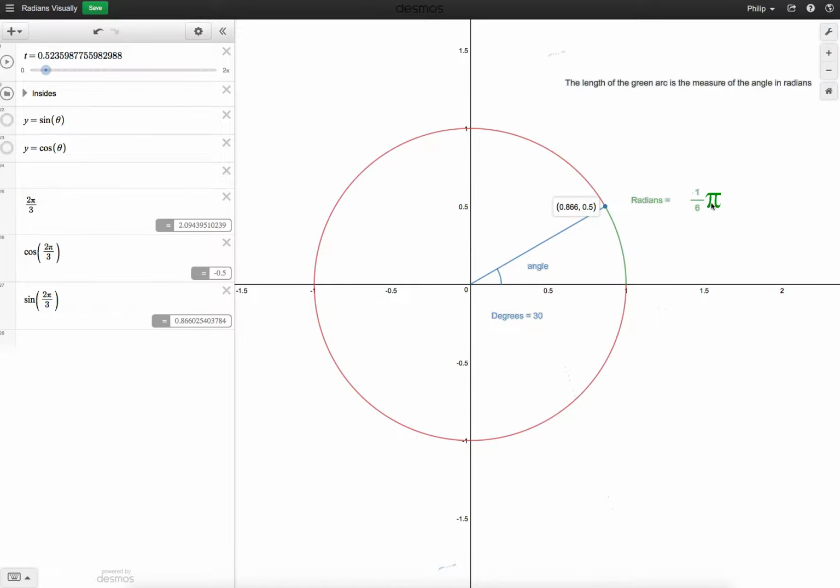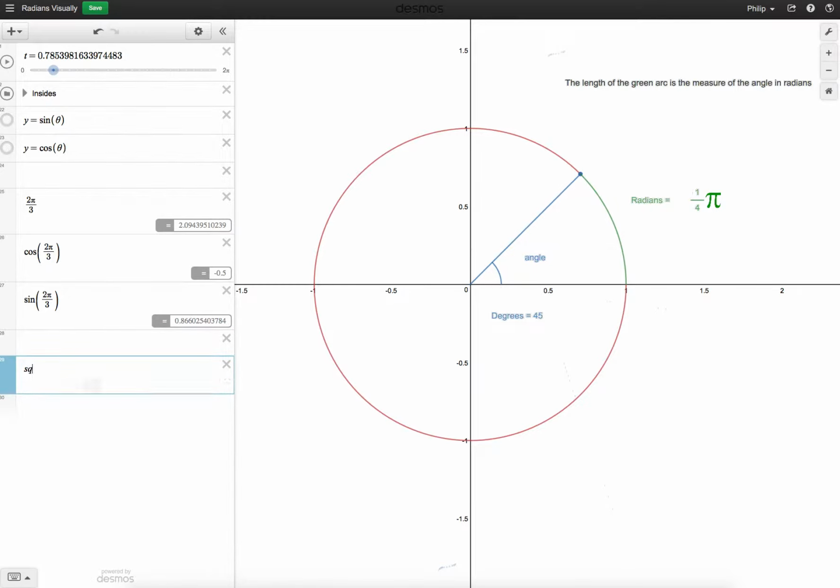So again, if I come over here to pi over 6, we see this number 0.866 come up and 0.5 come up. And if I go here, we see this number 0.707. And if I come up a little bit more, we see 0.866 again. Okay, so 0.866 and this 0.707 are going to come up a lot.